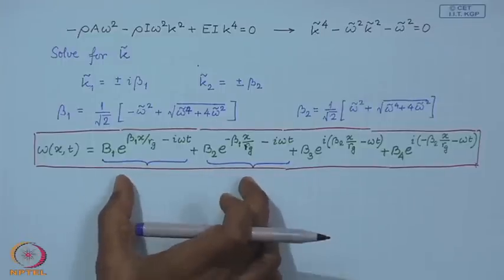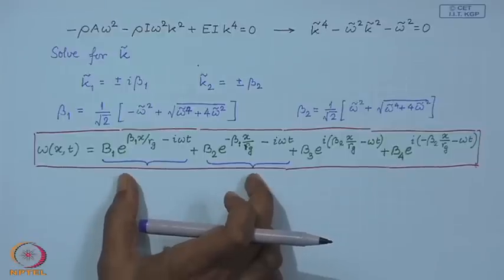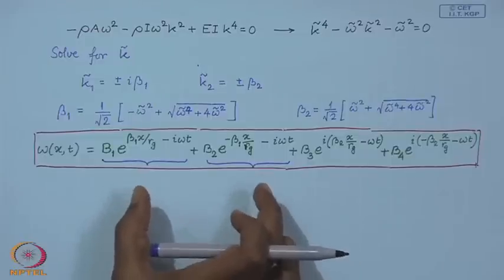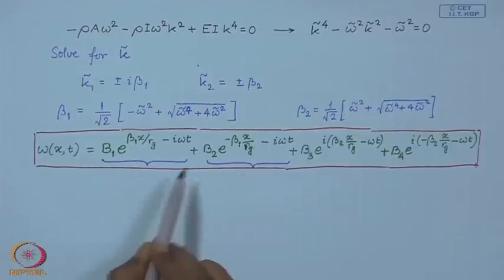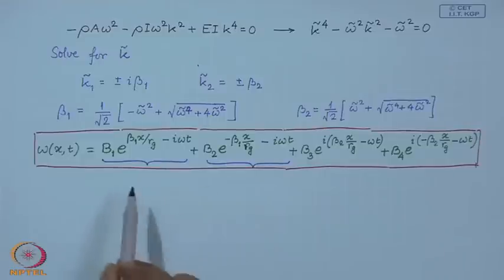These terms can exist, of course, when you have a boundary or when you have an obstacle or a beam interacting with some external element, maybe a massive element or a stiff element. So, whenever you have interaction of the beam, then these terms can appear, otherwise in an infinite beam these terms cannot be present.